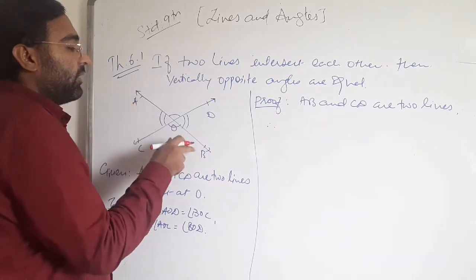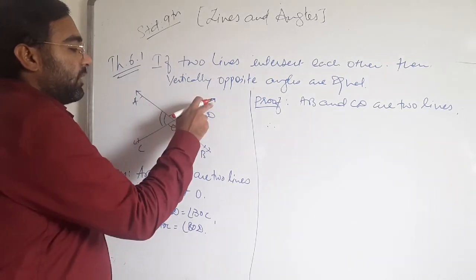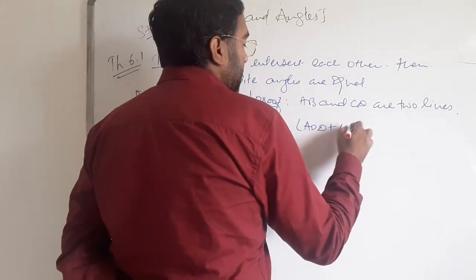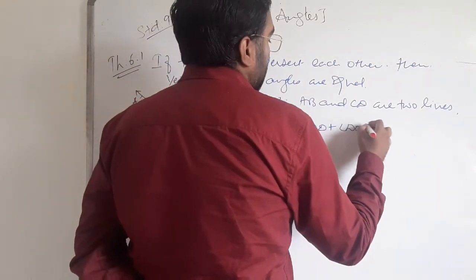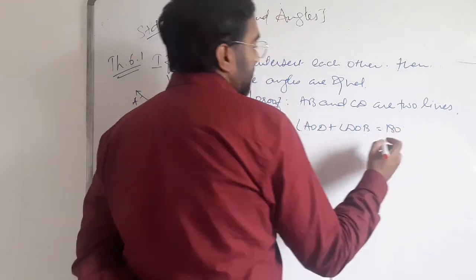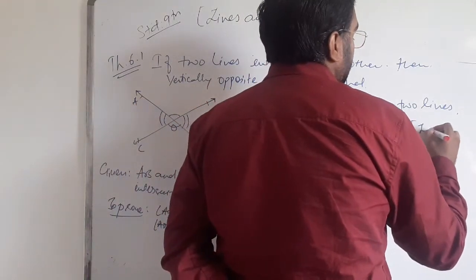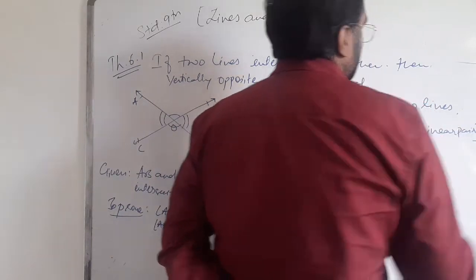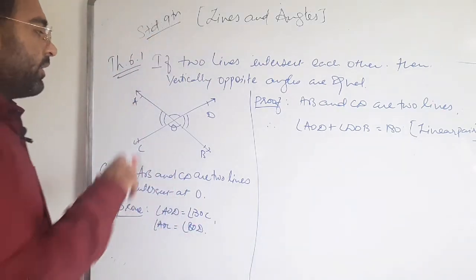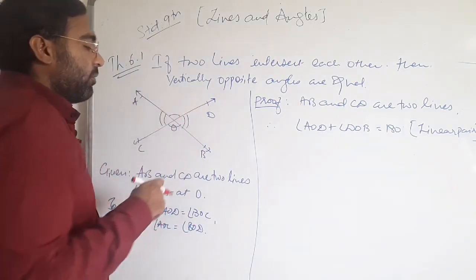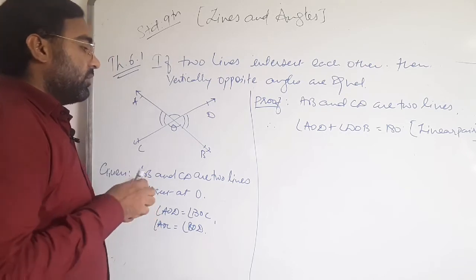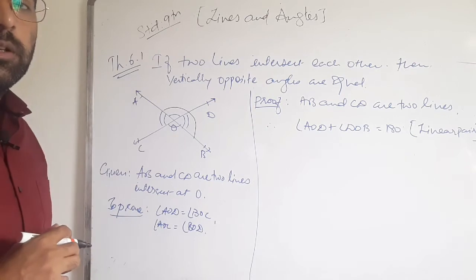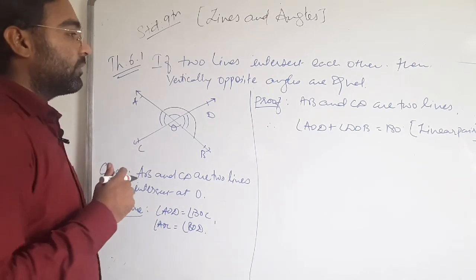AB is a straight line, therefore angle AOD plus angle DOB forms 180 degrees, that is a linear pair. The sum of these two angles, AOD plus DOB, forms 180 degrees. Clear? You can see that.